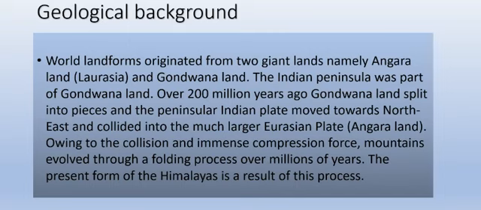When this Gondwana land collided with the Eurasian plate, that is Angara land, what happens? An immense compression force was created, and with that force, mountains evolved through a folding process, and this happened millions of years ago, children. The present form of the Himalayas, which we can see here, is a result of this process.